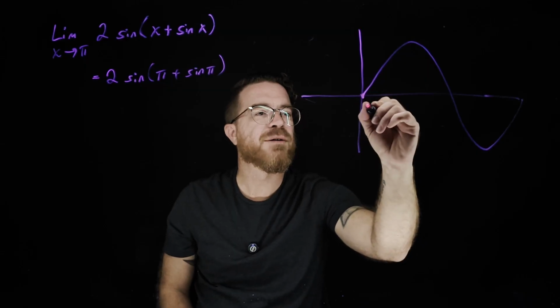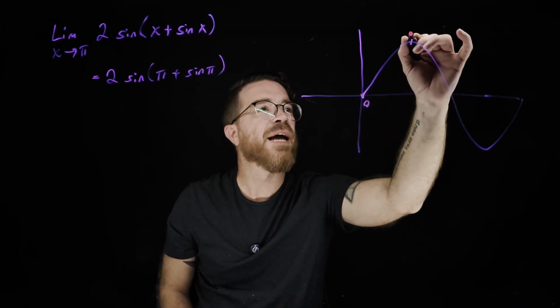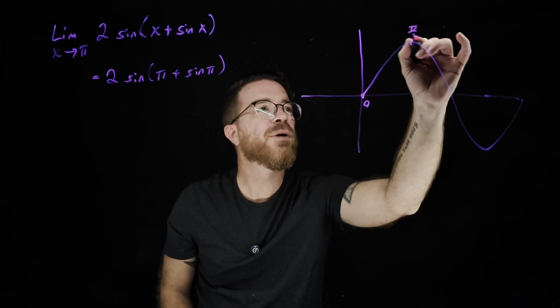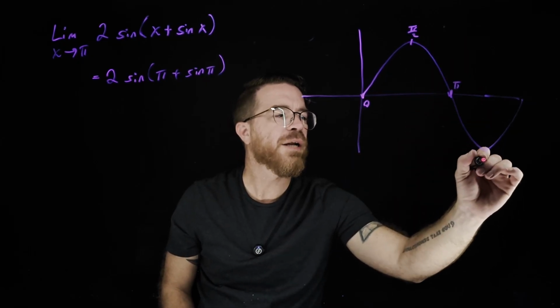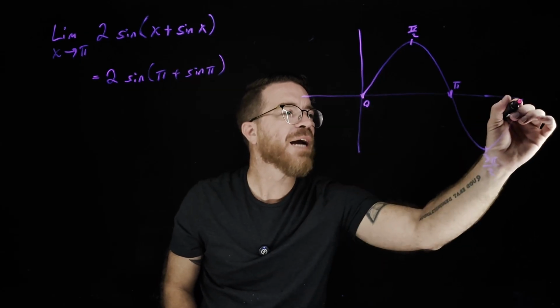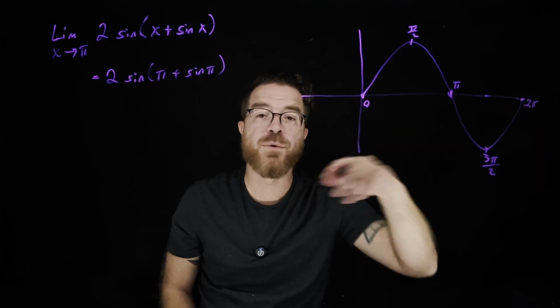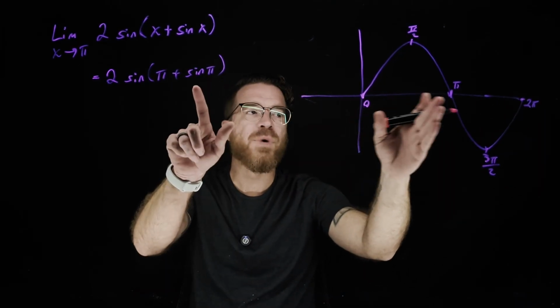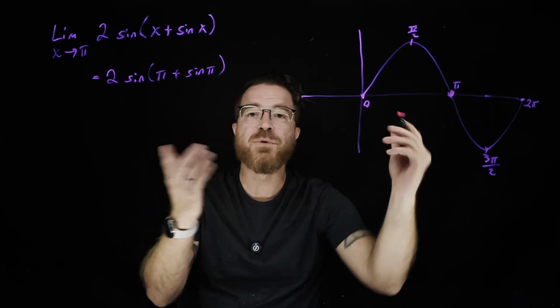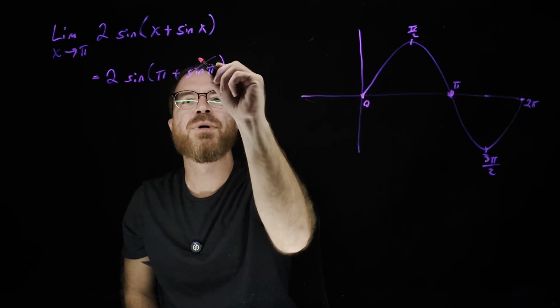And of course, it's at 0 at 0. It's at 1 at pi over 2. It's back to 0 at pi. It's negative 1 at 3 pi over 2. And it's back to 0 at 2 pi. And then it's going to repeat this over and over again. So at sine of pi, the answer is equal to 0.